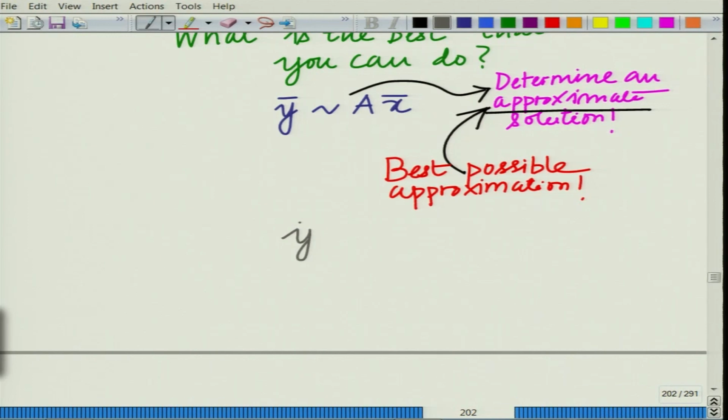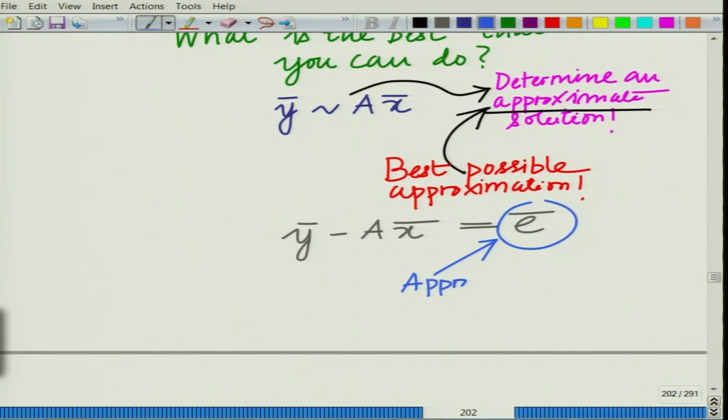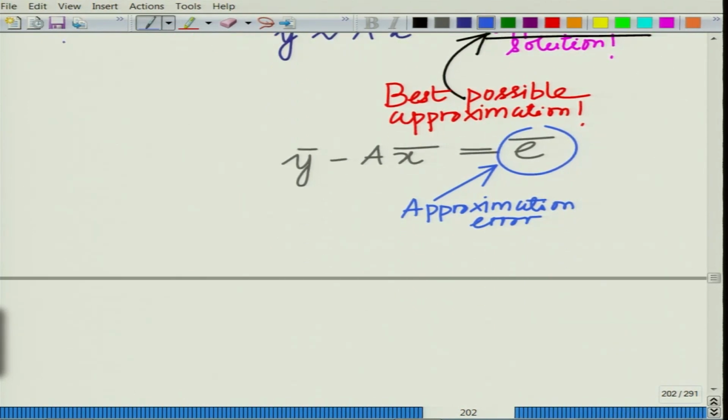If you look at y bar minus A x bar and call that E bar, this is the approximation error.